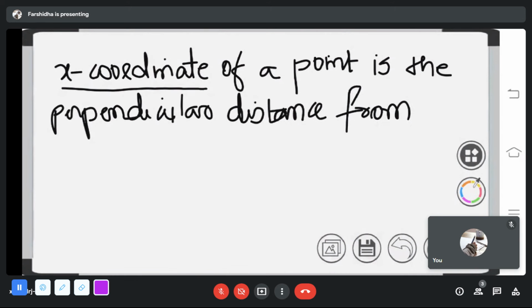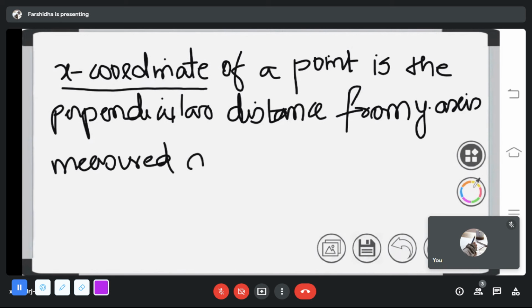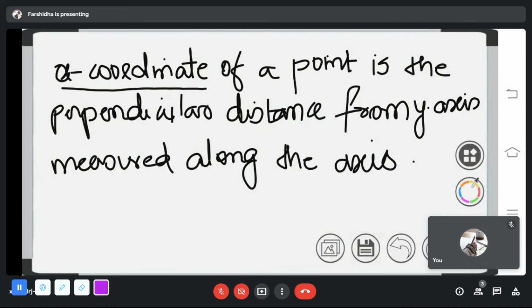So it will be the perpendicular distance from the y-axis measured along the x-axis. Same way write for y coordinate. Change this as y. Y coordinate of a point is the perpendicular distance from the x-axis measured along the y-axis.